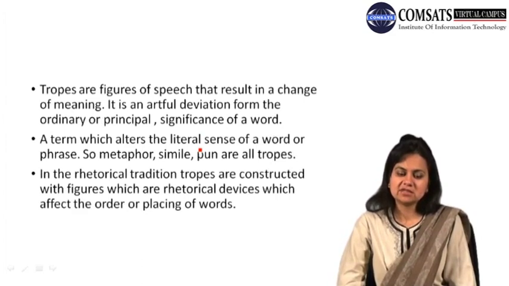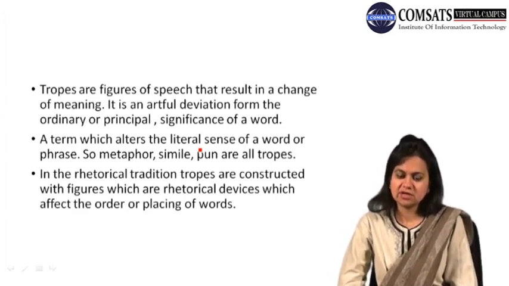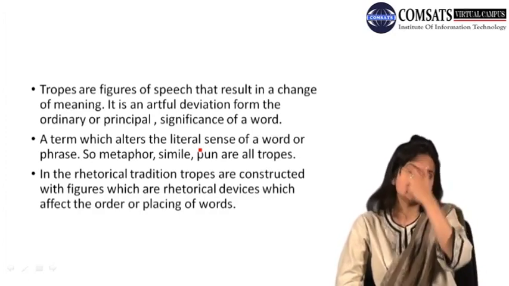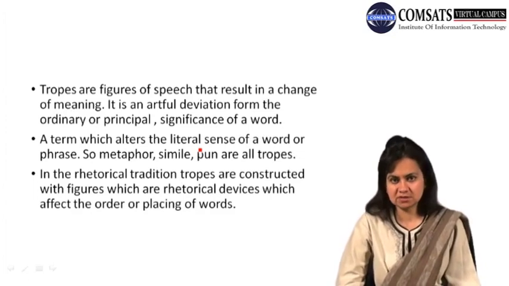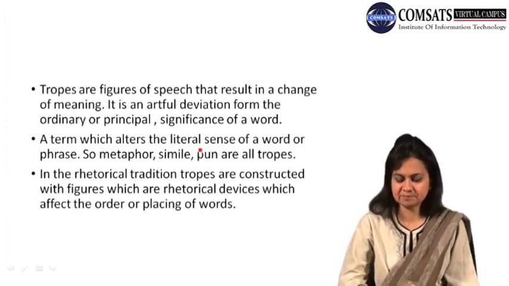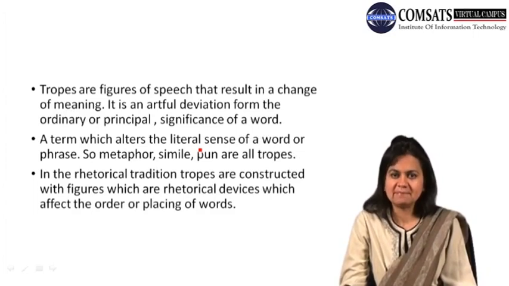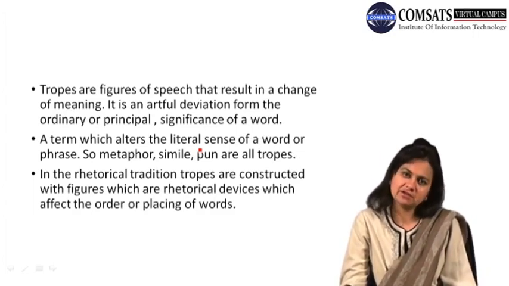Tropes are defined as such figures of speech that result in the change of meaning, and tropes are in the classical rhetorical canon referred to as artful deviations. Why do we call tropes artful deviation? Because deviation is change, imbalance, disruption, or irregularity.